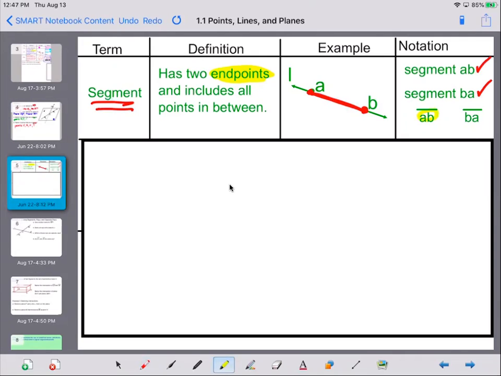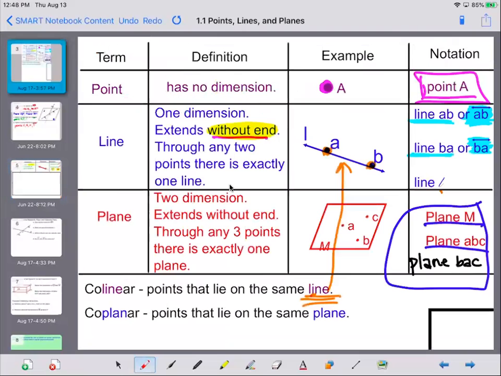You can say segment AB like that, or segment BA over here. So you'll notice the biggest difference between a segment and a line is that these symbols do not have arrows on them, whereas on a line, if we go back, notice these have arrows on them. Okay, so that's the biggest difference between a segment and a line.